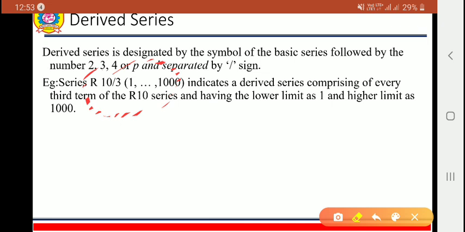That means from 1 to 1000, if I have to make a series, each third term will be of the R10 series.